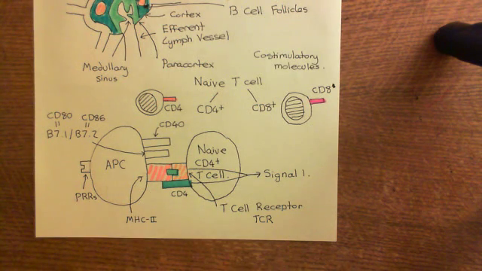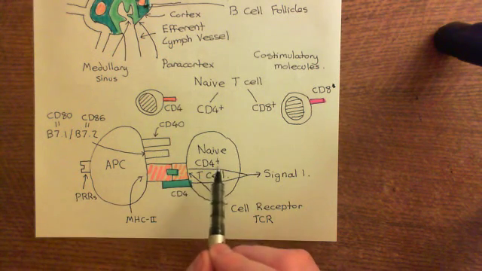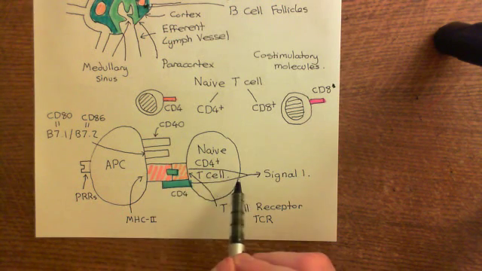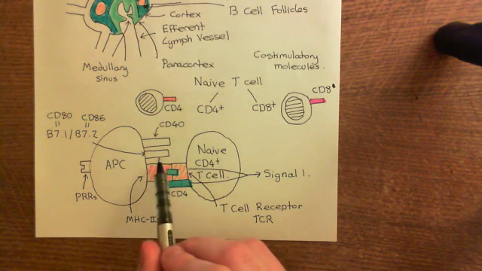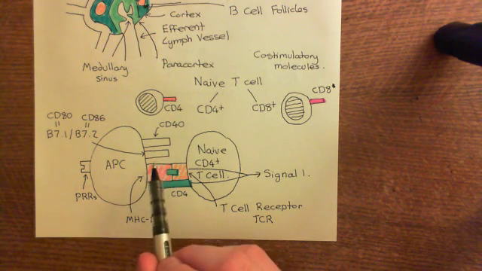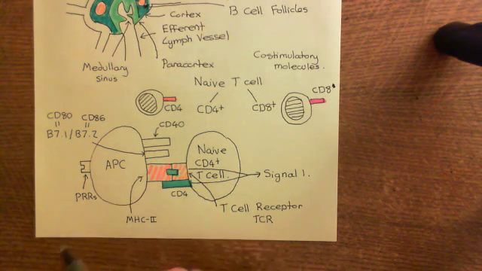Now, another step that's very mysterious is what's going to happen next. So remember I told you that in order to actually activate the naive CD4 positive T cell, signal 1 is not enough. You have to provide co-stimulatory molecules on your surface. Now, these co-stimulatory molecules are not just expressed on the surface of antigen-presenting cells willy-nilly, so you don't usually have these molecules on their surface.